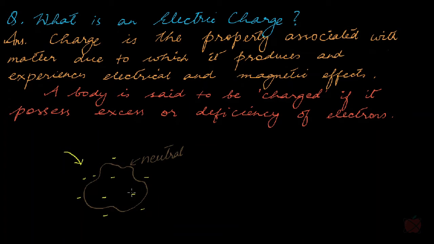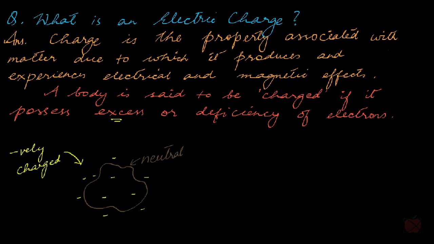So that means there is excess of electrons in this body, and because of that it is said to be negatively charged. Before it was a neutral body. Now due to the presence of excess number of electrons, it is said to be charged.